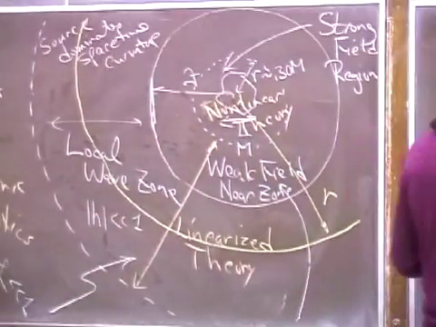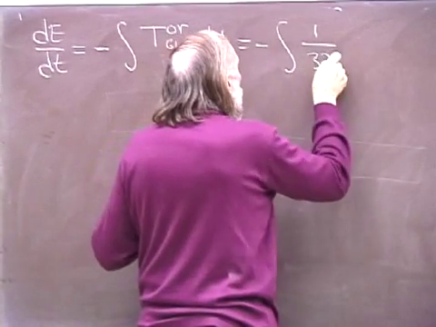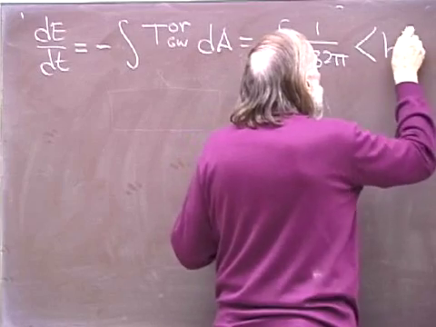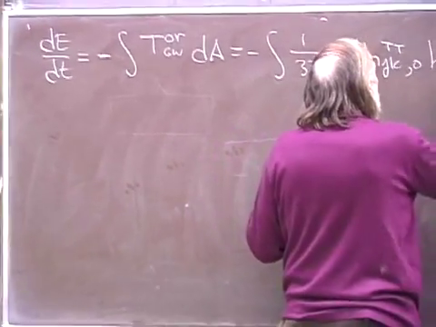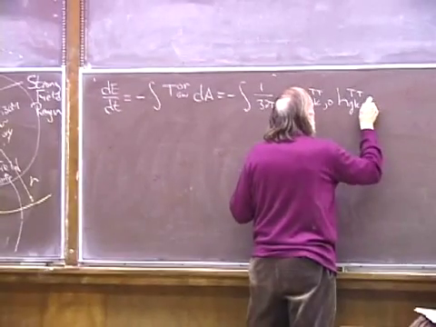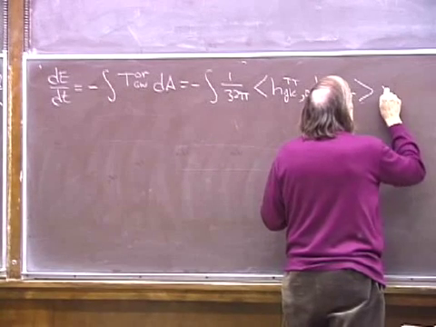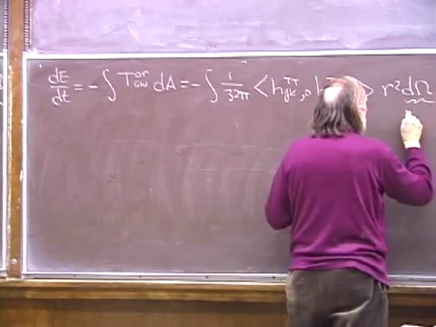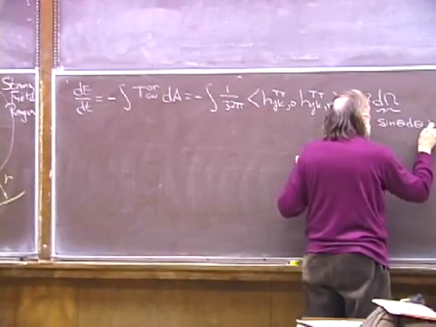And T0r gravitational wave is 1 over 32 pi times h_jk transverse traceless, comma 0, h_jk transverse traceless, comma r. And the surface area is r squared d solid angle, d solid angle being, of course, sine theta d theta d phi.